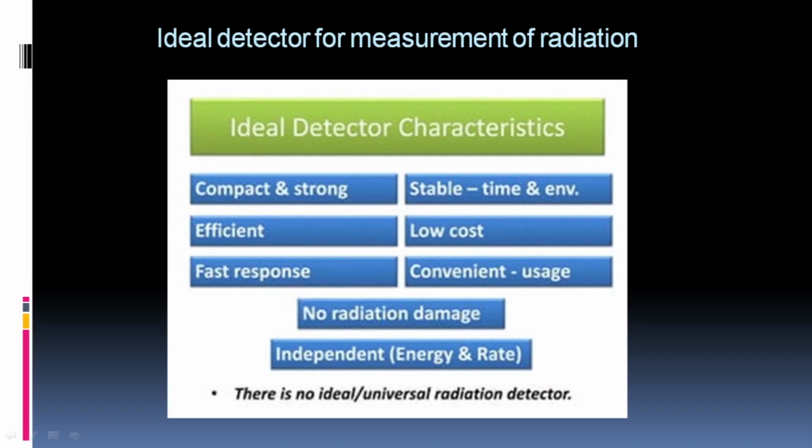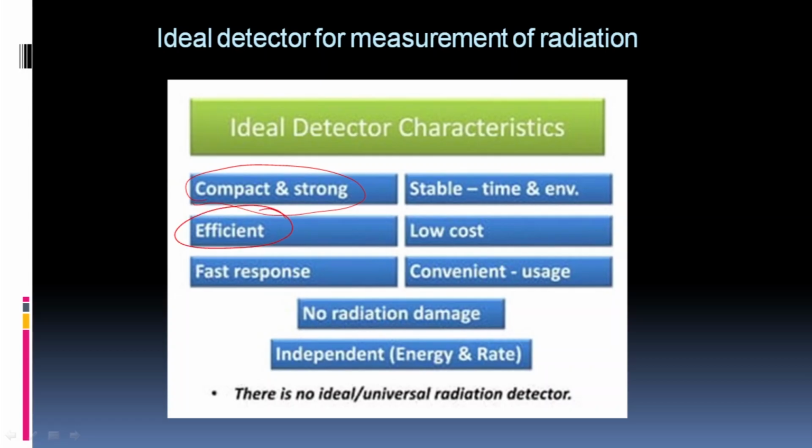But here I am going to discuss the characteristics of an ideal detector. First, the ideal detector should be compact and should be strong. It should be compact in size and it should be strong. Next, it should detect the radiation efficiently.